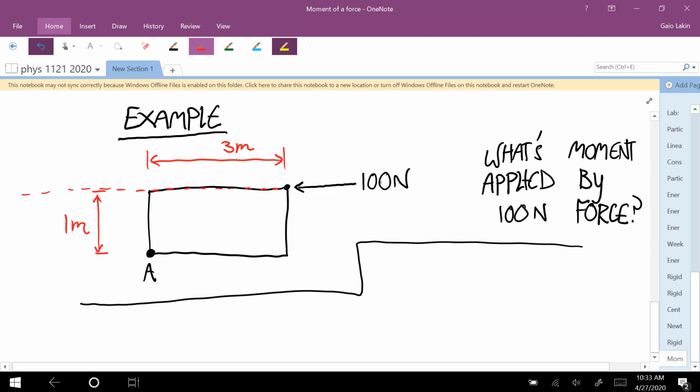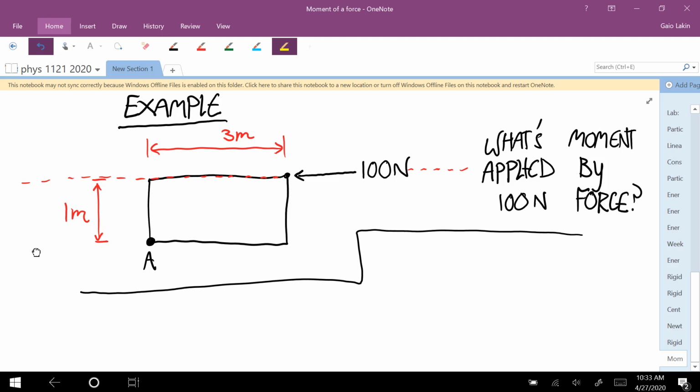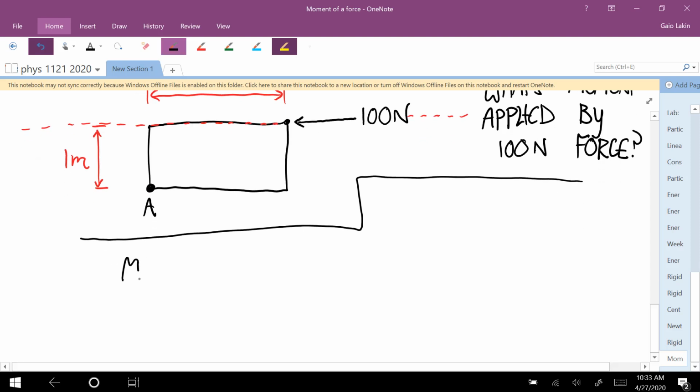So there's the line of action. And now we want to calculate the shortest distance from that line of action to the axis. The force is 100. And remember, we're going to have to think about the sign in a second. And the shortest distance, the distance from that axis A to the line of action is 1 meter.